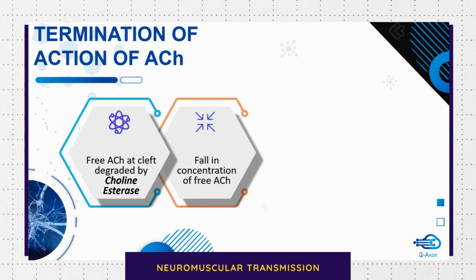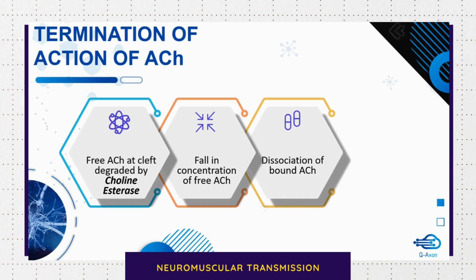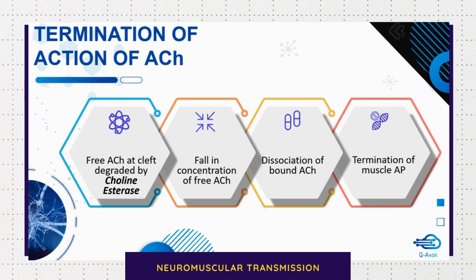So the concentration of free acetylcholine in the cleft falls, and this leads to dissociation of the acetylcholine that is bound to the receptors on the motor end plate. Now, the moment the acetylcholine dissociates from its receptor, the sodium channels close, and that leads to termination of the muscle action potential.